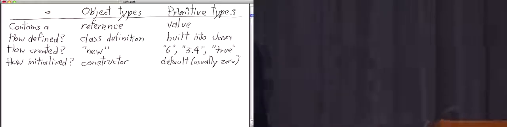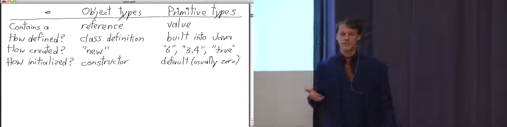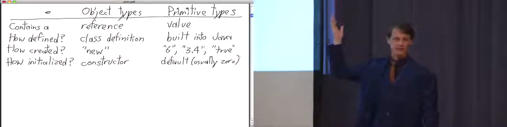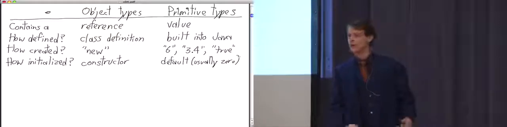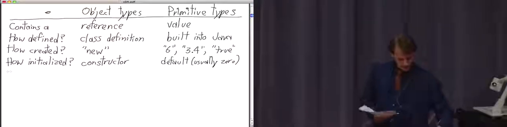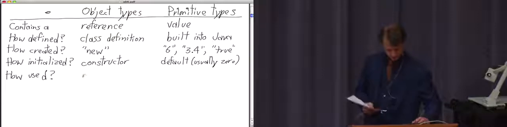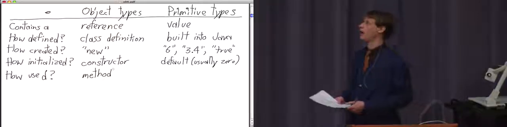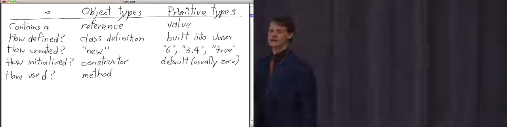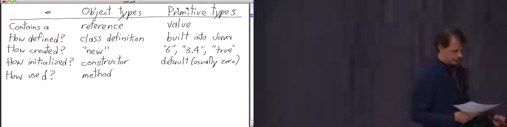If the type is char, there is a 0 character, and if the type is Boolean, then false is essentially the Boolean version of 0. And how are these things used? Well, we call methods on objects, and that's our most common way of dealing with an object, though not the only way.